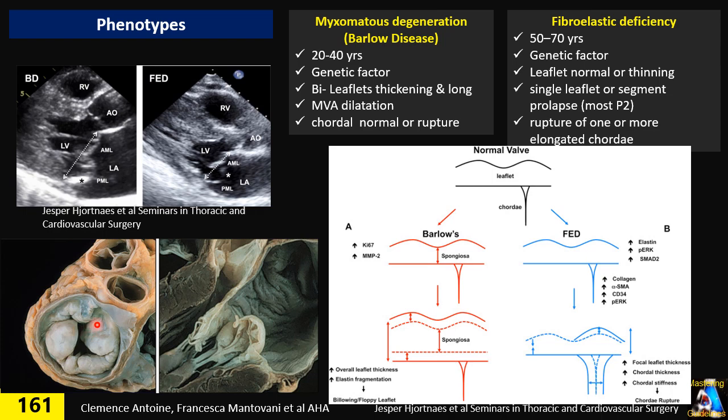Another finding in Barlow disease is a dilated mitral valve annulus, which plays a role in mitral valve annulus disjunction, which I am going to talk about later.